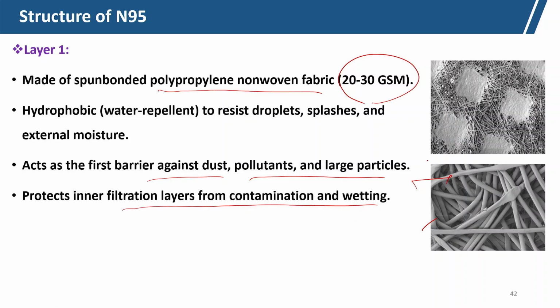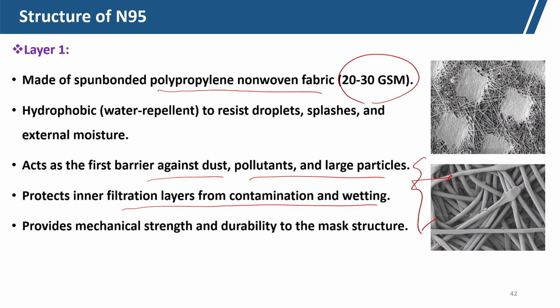This layer is very important to give support to the inner layers, and it provides the mechanical strength and durability of the mask, because the outer melt blown layers are weak.